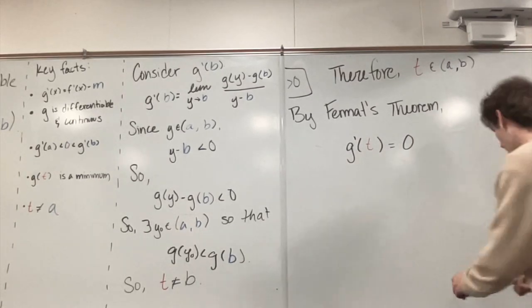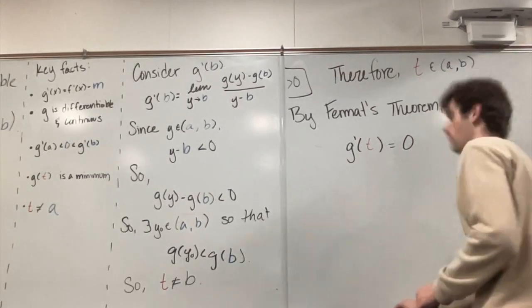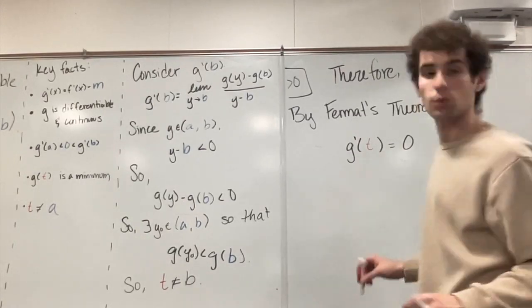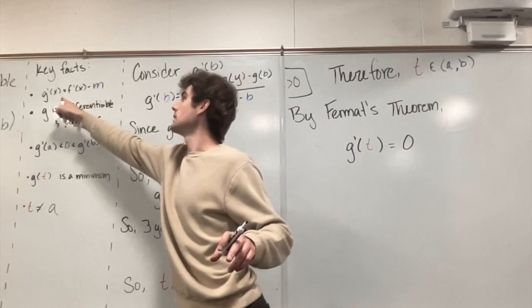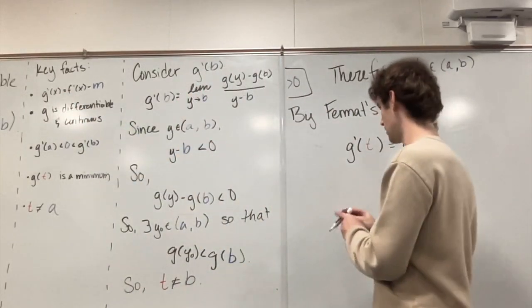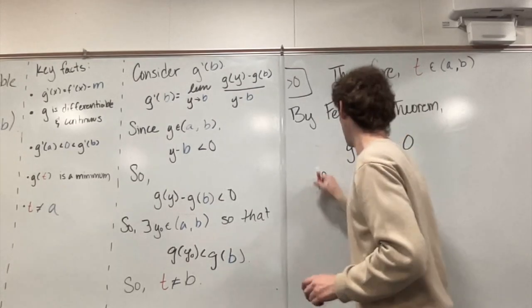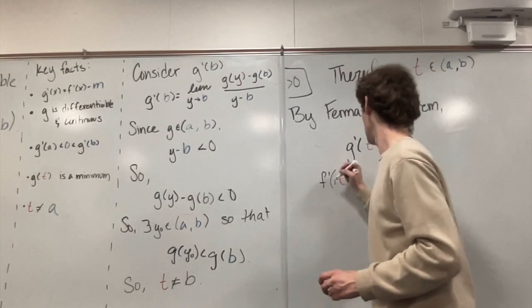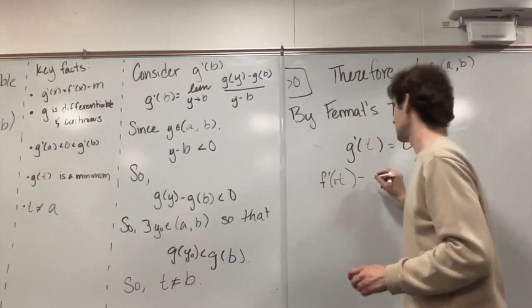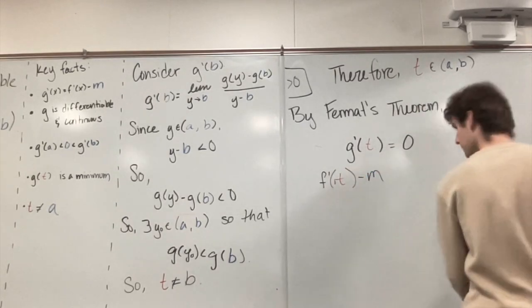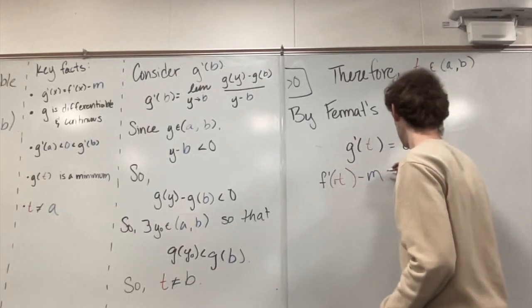So now, making it their correct markers, let's do some final substitution. We know g prime of t is equal to f prime of t minus m. So f prime of t, minus m, equals 0.